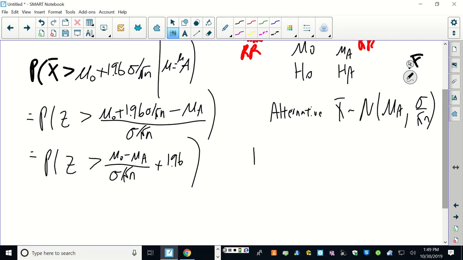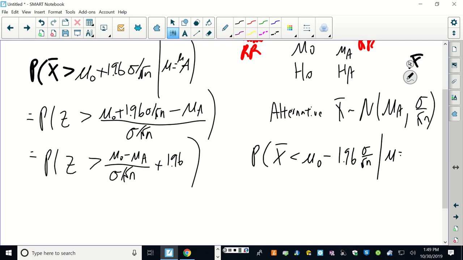The other one was, to fully account for it, we would reject if we're less than 1.96 sigma over square root of n, under the conditions of this alternative. We would z-score that side too. It's usually going to be trivially small, a third or fourth decimal place impact, because it's on the wrong side of the alternative.